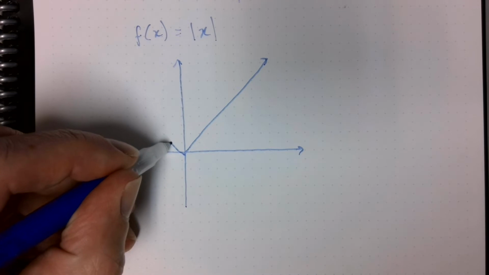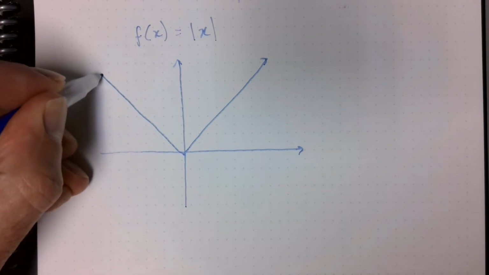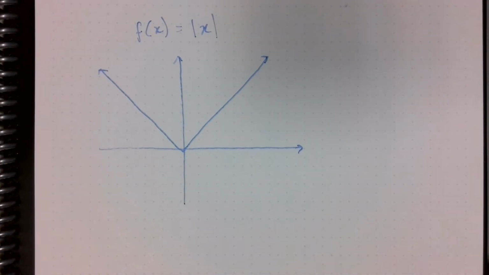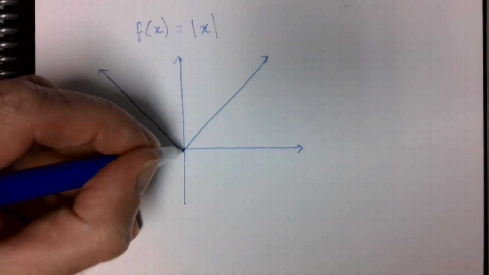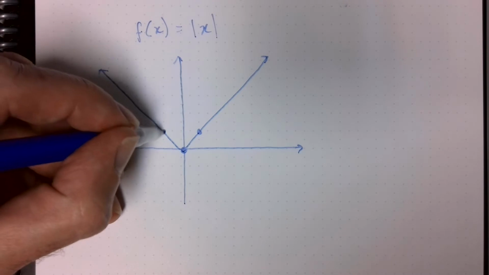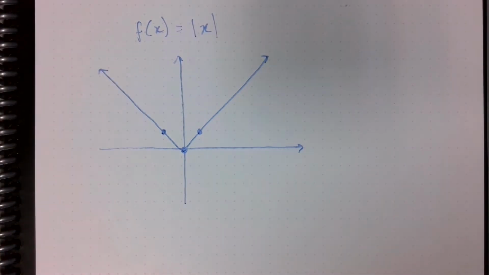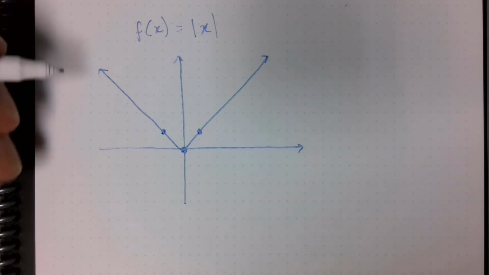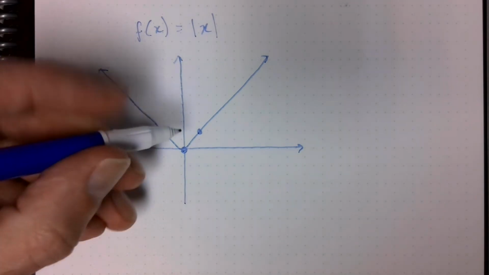So we know this is a familiar V shape right there. Now, I want you to remember more than just the basic shape, okay? I want you to remember some anchor points on these graphs so you can draw good graphs very quickly simply by moving the anchor points.